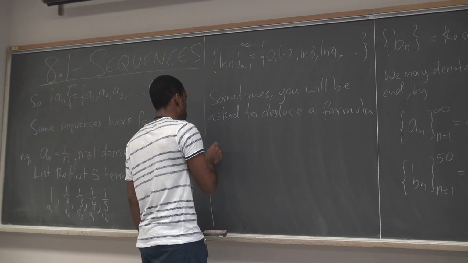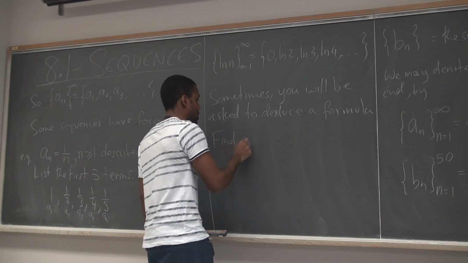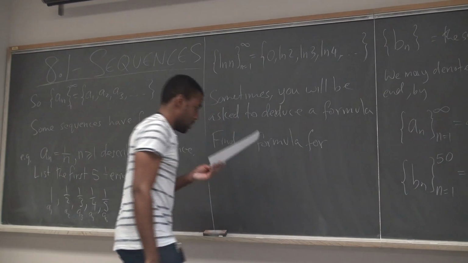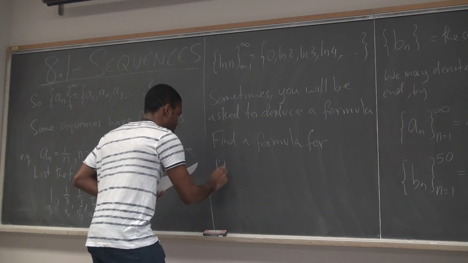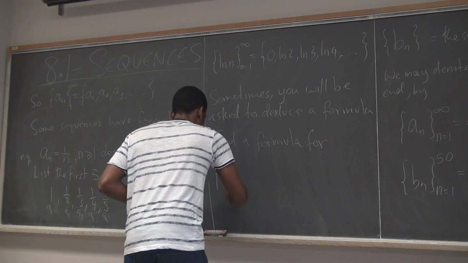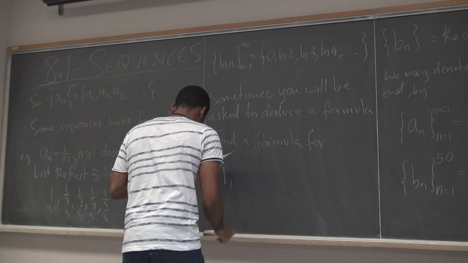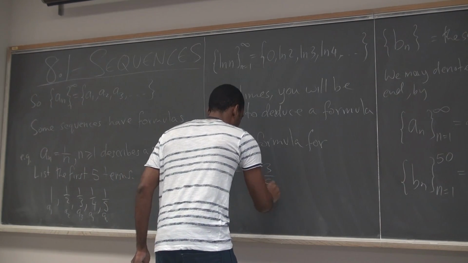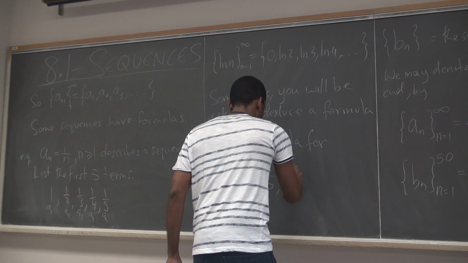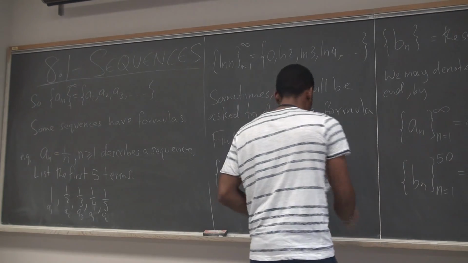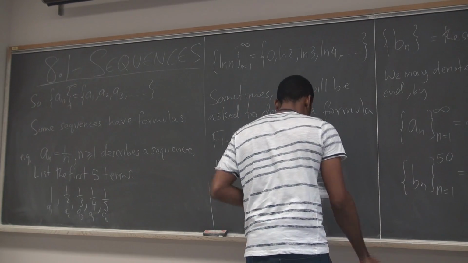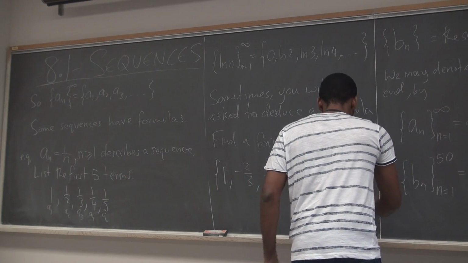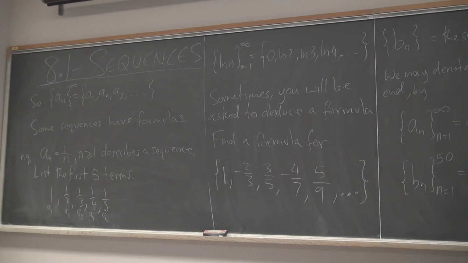So I can say, find a formula for, and I give you this sequence: 1, minus 2 over 3, 3 over 5, minus 4 over 7, 5 over 9. Find a formula for that sequence.